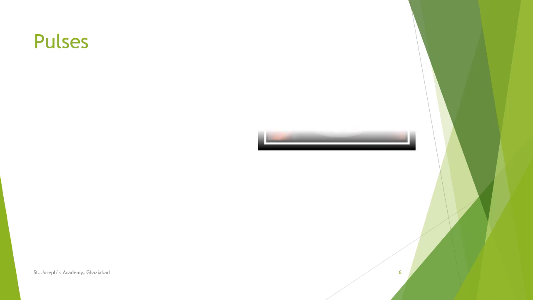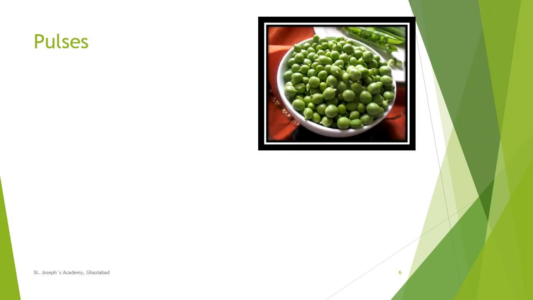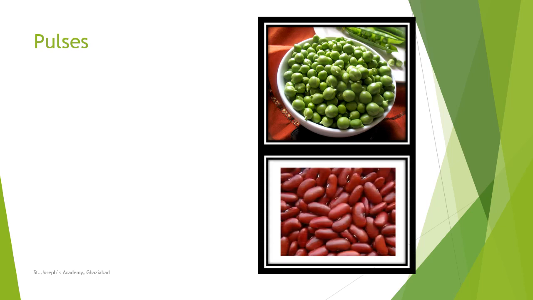Now we come to the next, which is pulses. On the screen you can see the picture of the peas and kidney beans.